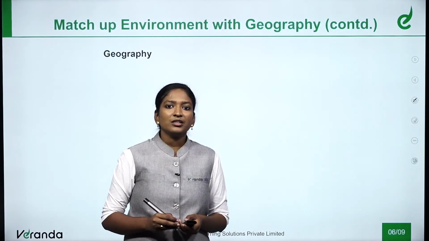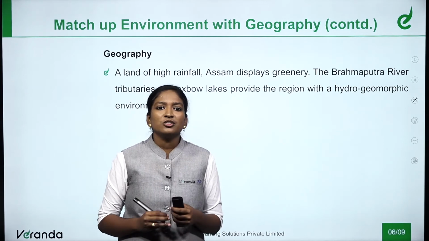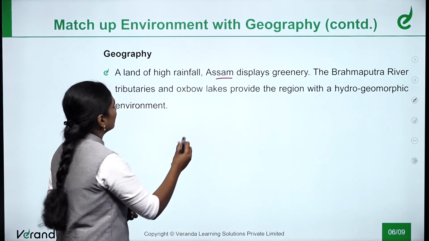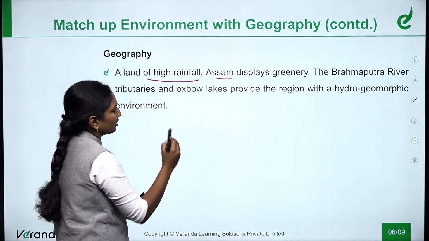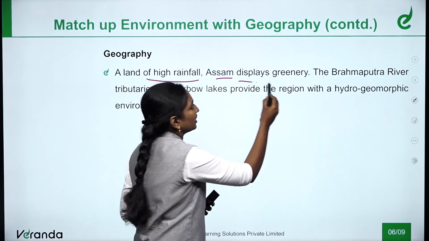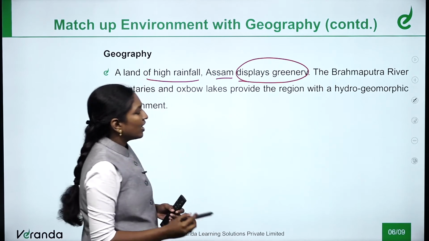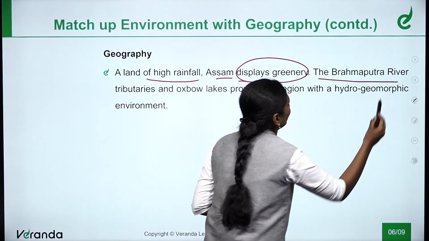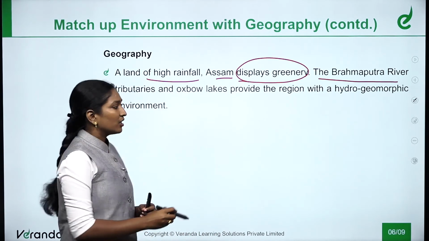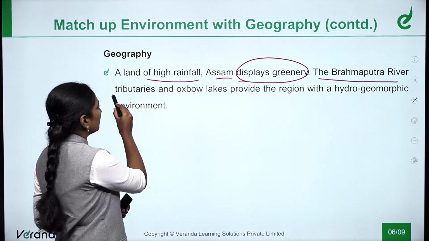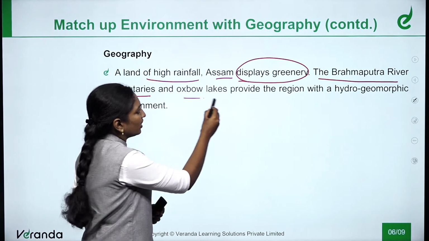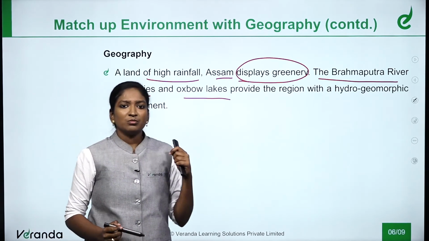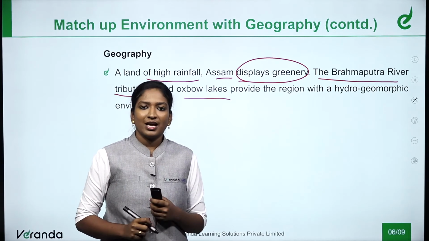But when it comes to geography, you need to learn about Assam. It has very high rainfall and displays a very green area in India, and mainly the Brahmaputra river, which is a very important geographical feature. The geographically important points are the Brahmaputra tributaries and Oxbow lakes, which form a hydrogeomorphic environment, which we need to note about the Assam area.